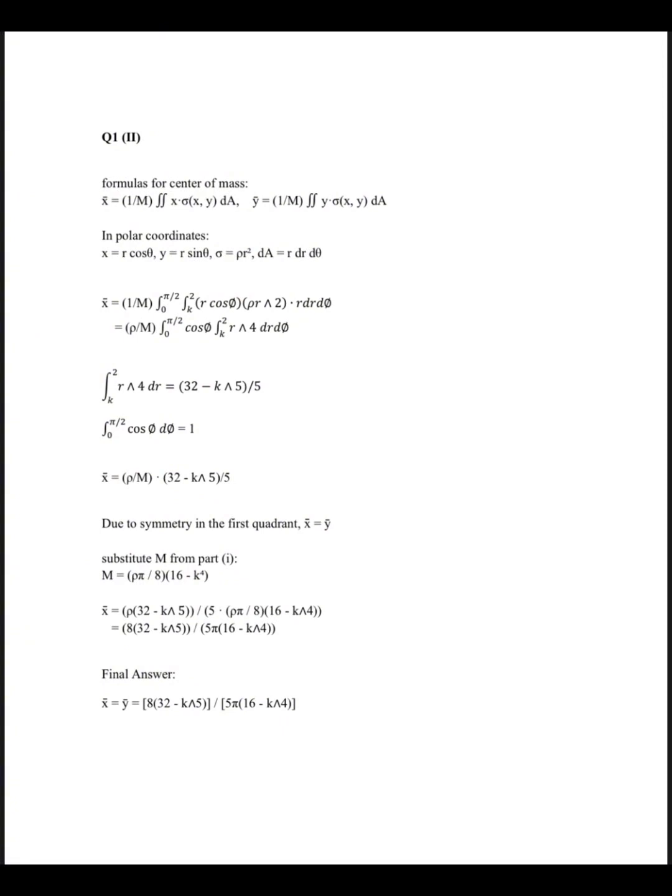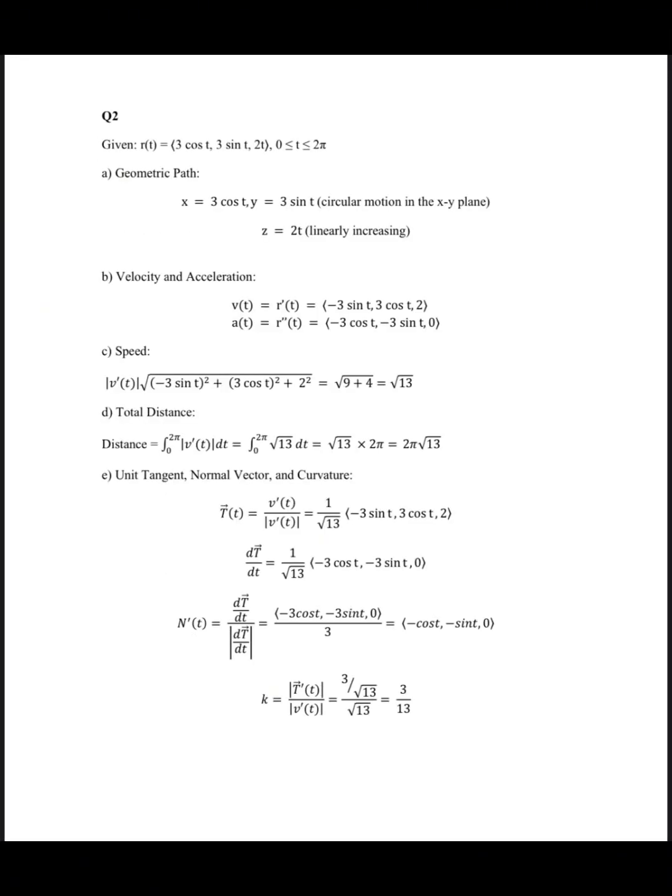So the answer for x is 8 times 32 minus k to the power of 5 over 5 pi times 16 minus k to the power of 4. Because the region is symmetric in the first quadrant, the x and y coordinates of the center of mass are equal. So x equals y equals 8 times 32 minus k to the power of 5 over 5 pi times 16 minus k to the power of 4.